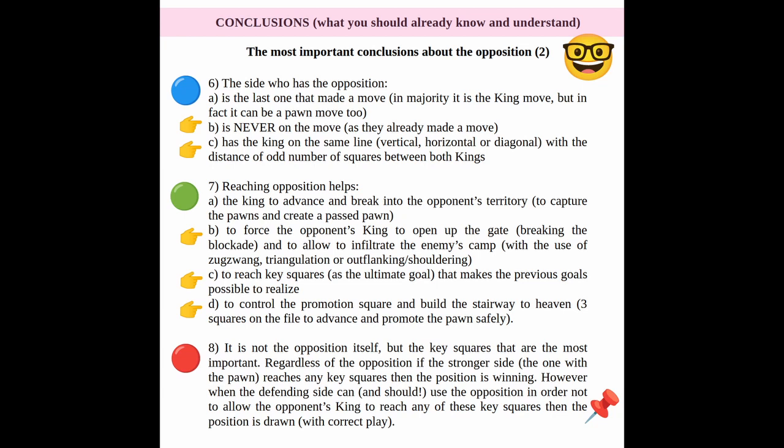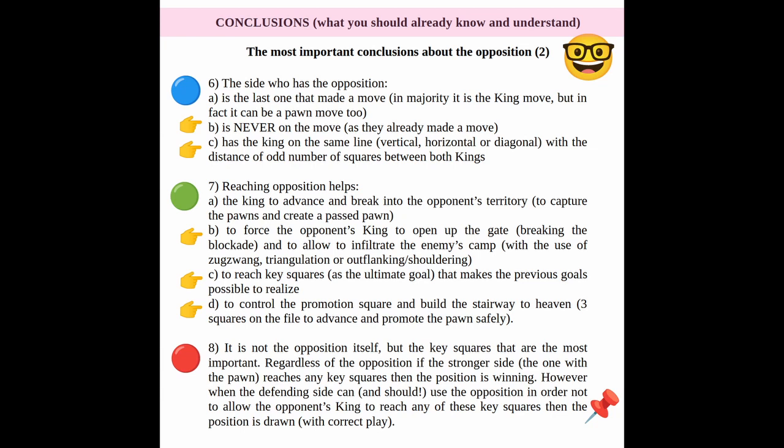And the last part about the opposition is the most important from my standpoint. I would like you to know, be aware, and understand that the opposition is not the most important, because it is not the opposition itself, but the key squares that are the most important in this type of position.